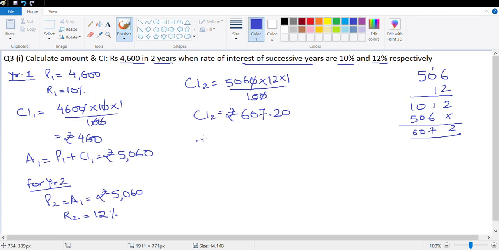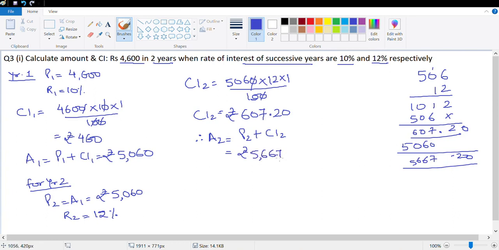Therefore, amount for year 2 would be equal to principal for year 2 plus interest for year 2. So that would be 607.20 plus 5060. That's 0.207665 equal to rupees 5667.20. So that's the final amount as per the question.